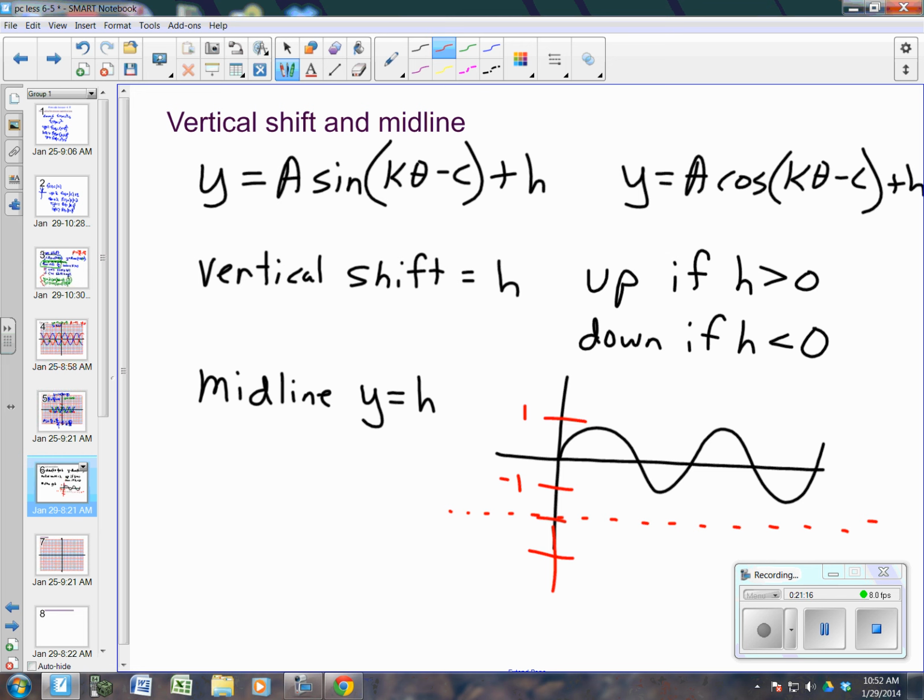And now the graph's going to go like this. It oscillates back and forth over that midline. Does that make sense? And that line is the line y equals h. So whatever that vertical shift was, that's where it's going to shift to. Any questions there?